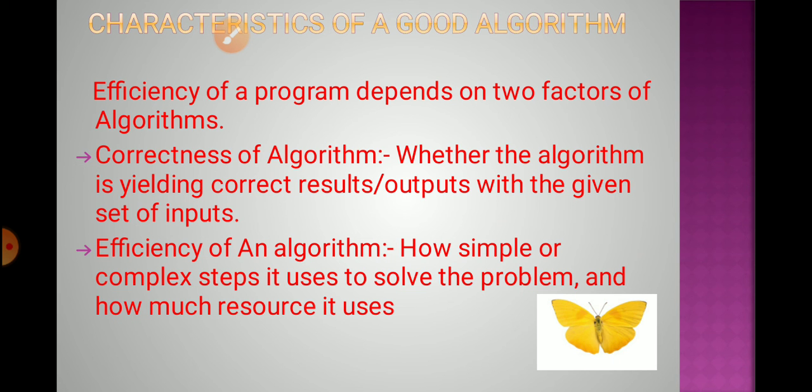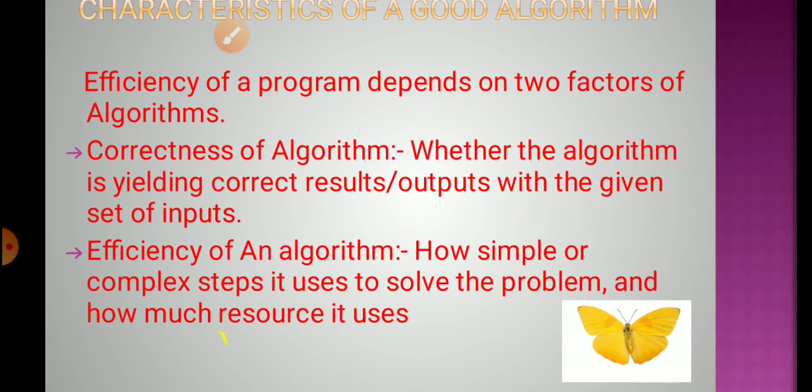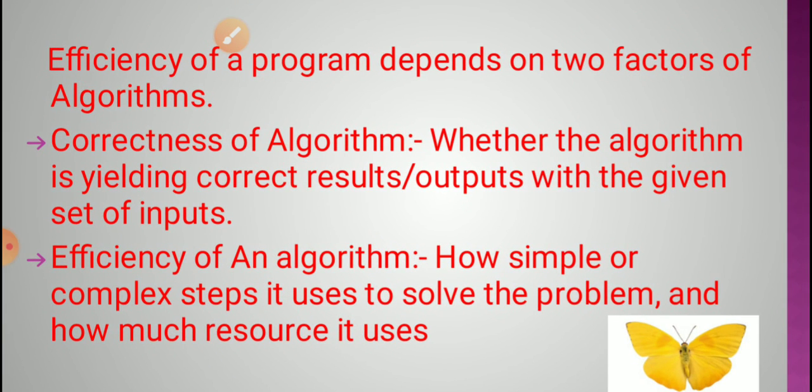A program is a representation of an algorithm in a programming language. Thus, the efficiency of a program depends on two factors of the algorithm. One is correctness of the algorithm. The second is efficiency of the algorithm.